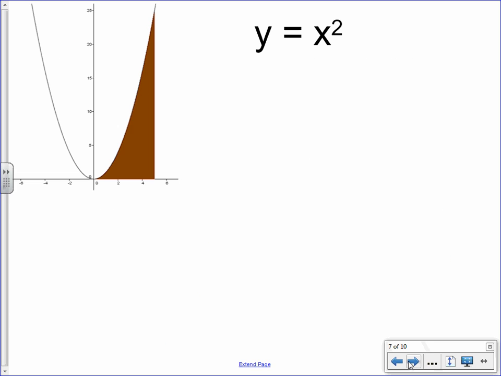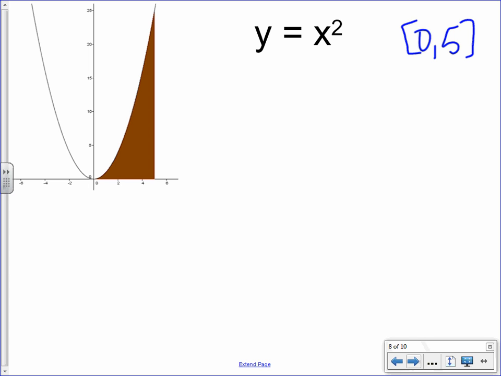All right. So this is the first example we're going to do. I want to find the area under y equals x squared from 0 to 5. So our interval, you can write it down, is 0 to 5. How many rectangles?